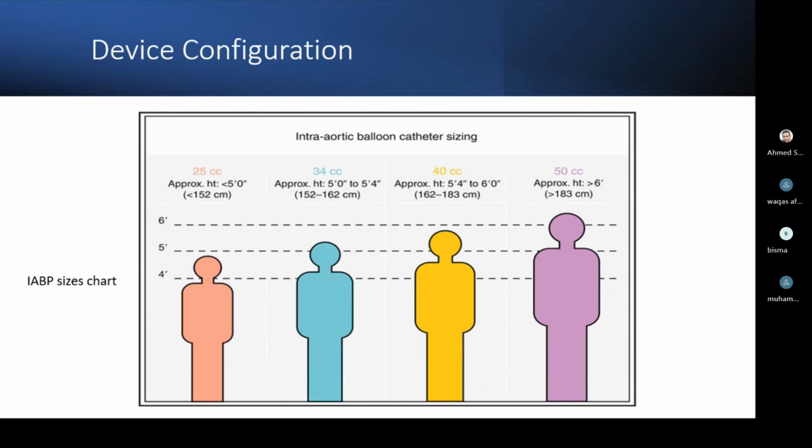So I think the caliber of the vessel and also your approach, whether 8FR is possible for you or not, should also matter along with the height of the patient.